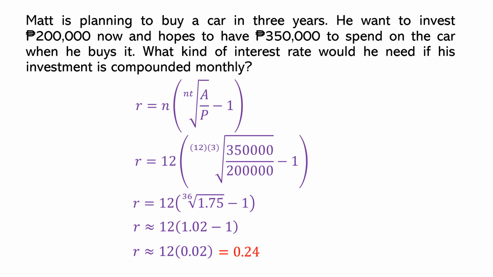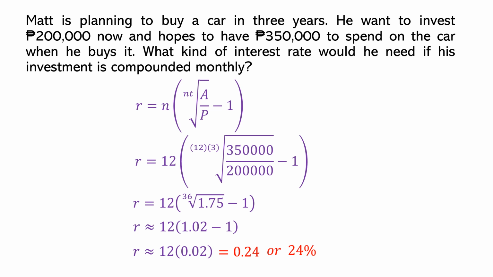Of course, this is just an approximation because we rounded off 1.02. So what is 0.24? To convert it into percent, we multiply it by 100, since this is in decimal form. So 0.24 times 100 is 24%.